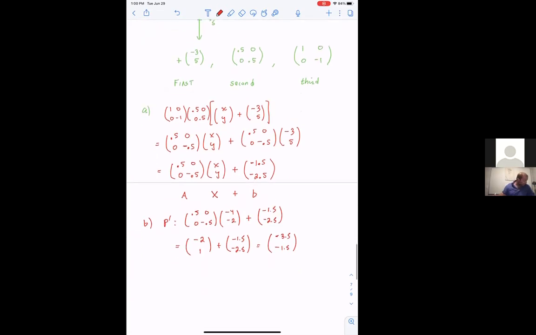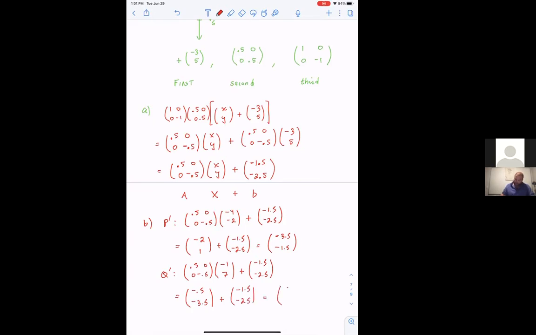All right, now let's do Q'. So the same [0.5, 0; 0, -0.5], this time times Q, which was (-1, 7), plus (-1.5, -2.5). So I have (-0.5, -3.5) plus (-1.5, -2.5).